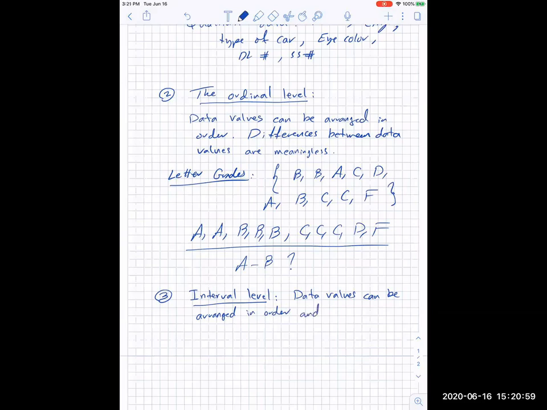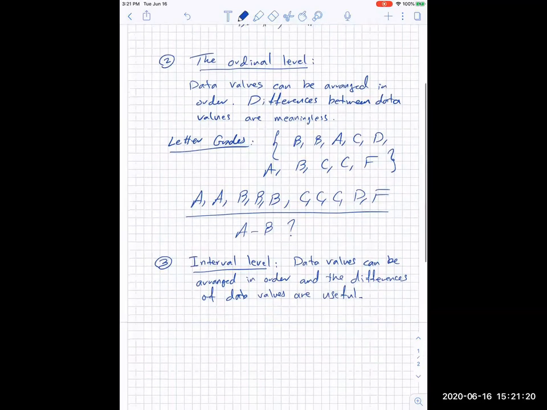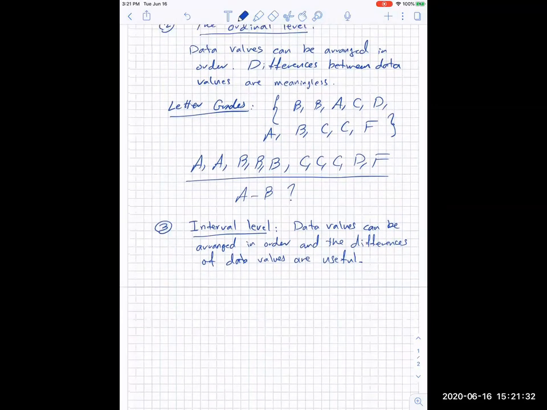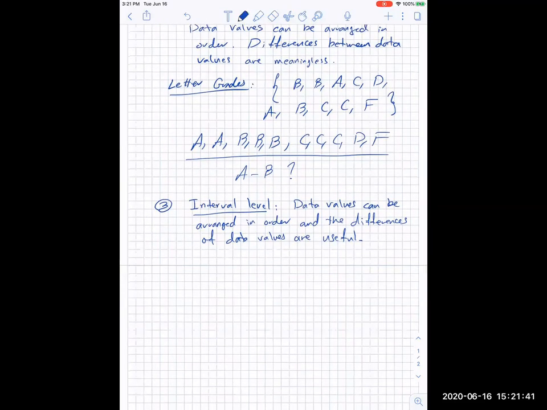And the differences between data values are useful. They can be used in the statistical analysis to learn or obtain more information about our sample data and understand our sample. So we can use the differences.